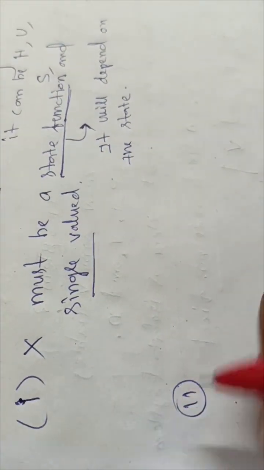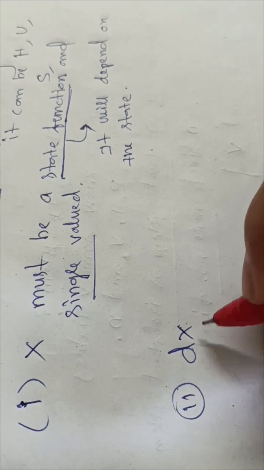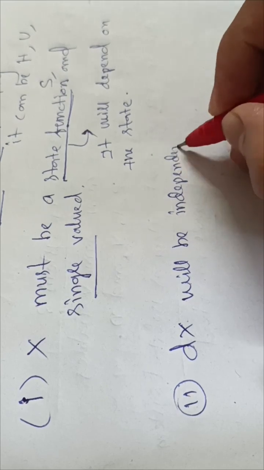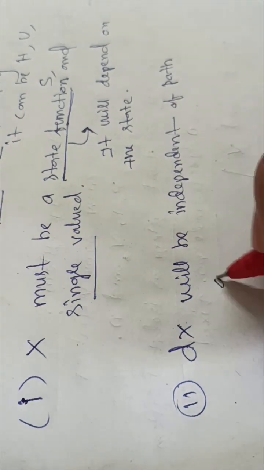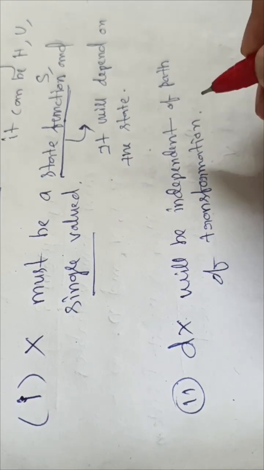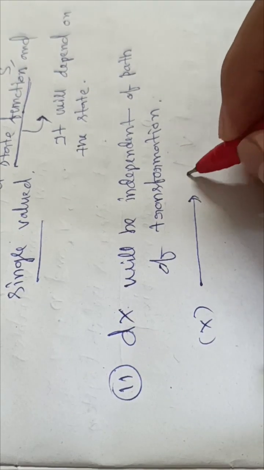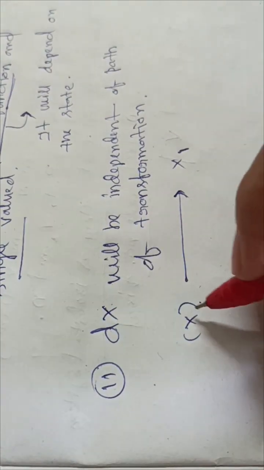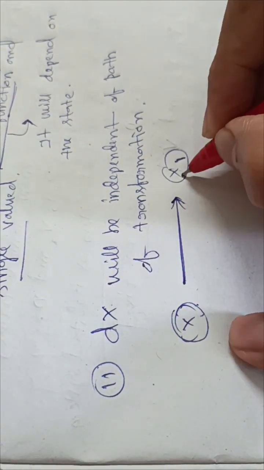Again, another one: dx, that is the change of that system, will be independent of the path of the transformation. That is, if X is the quantity and it is transformed to another form, let's say x1, it will depend only on the states, not on the path from x to x1.